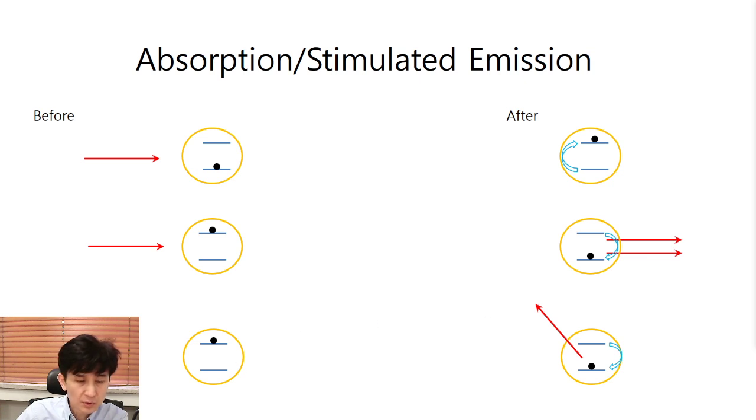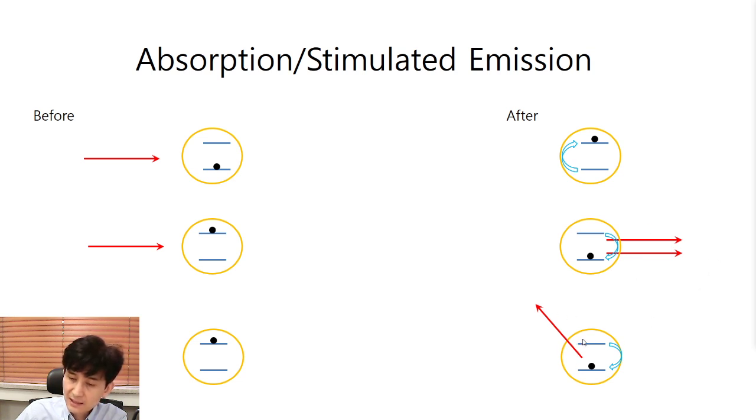And when no photon comes in, an excited state atom can decay into the ground state and a photon comes out. This is spontaneous emission, but the photon comes out in a random direction, so it does not contribute to the number of photons propagating in a certain direction.